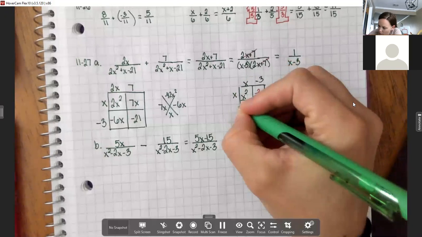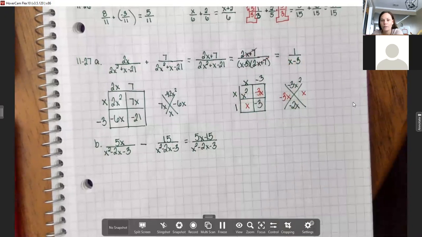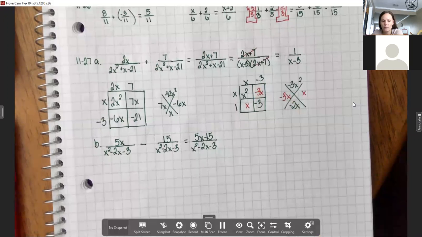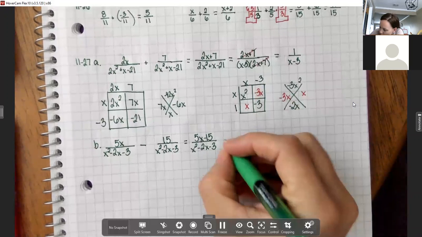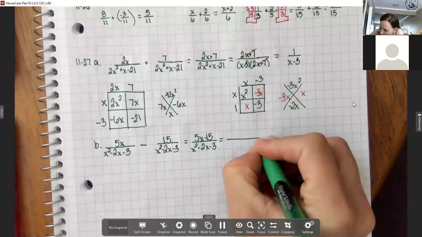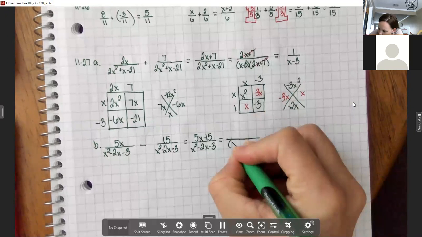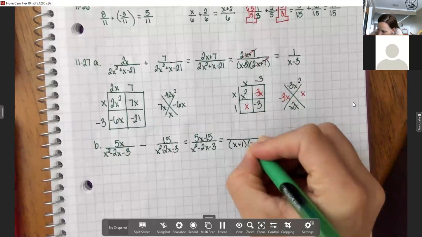X, negative 3 and 1. So my denominator here on part B simplifies to x plus 1 times x minus 3.